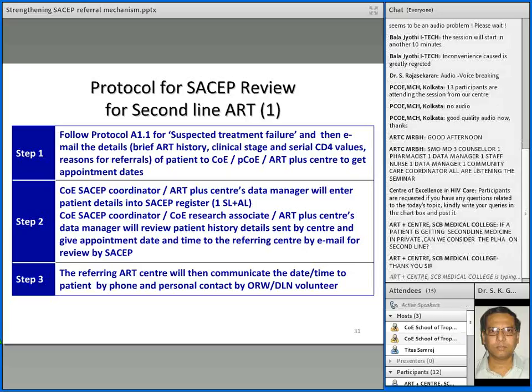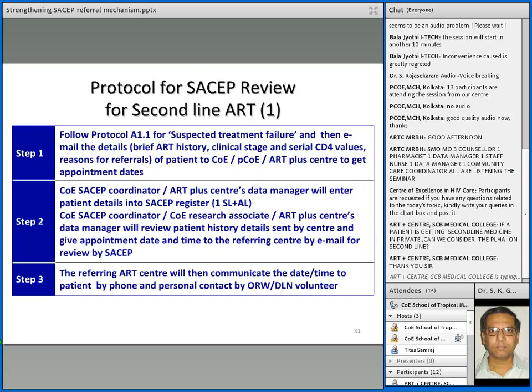The COE coordinator or the data manager of the ART Plus Center will enter the patient's details in the SACEP register. The COE SACEP coordinator or the COE research fellow, medical or non-medical, and the ART Plus manager will review the patient and give appointment date and time to the referring center by email for review by SACEP.